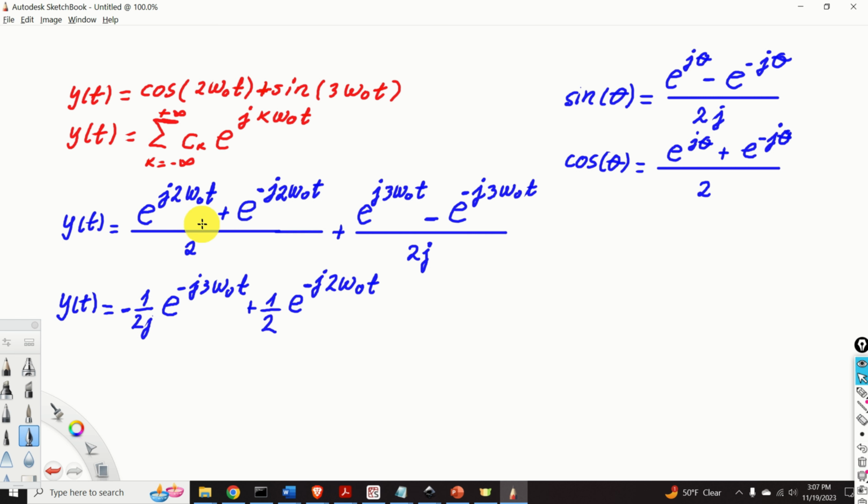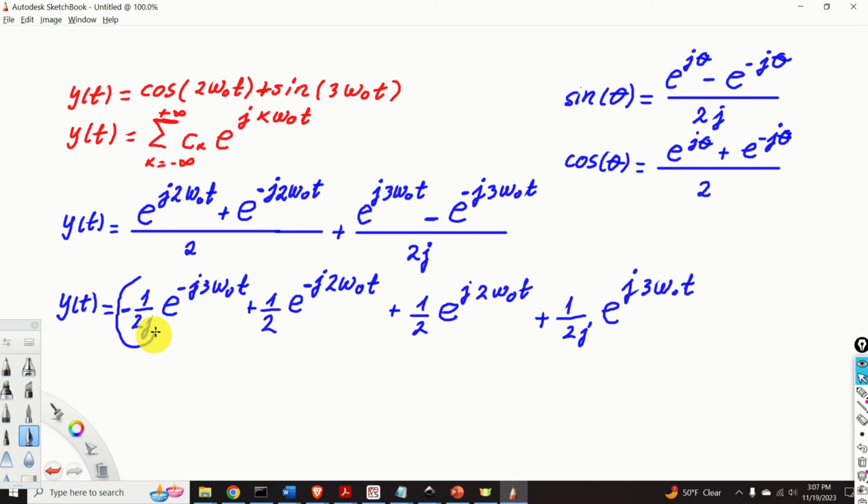Then we need to take this term, plus 1 over 2 e to the power j 2 omega 0 t. And finally, we need to take this term, plus 1 over 2j, and over here we have e to the power j 3 omega 0 t. And from this expression, we could directly read the coefficients.